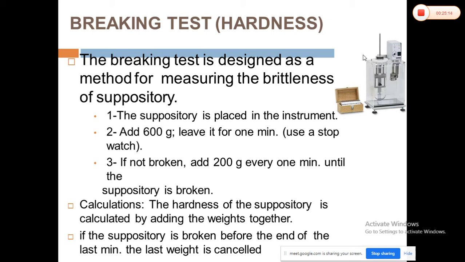If it is too soft, it will not be properly inserted into that specific cavity. If it is too hard also, there will be problems during insertion. So for that purpose, the proper hardness has to be checked. So this breaking test is designed for measuring the brittleness of your suppositories.